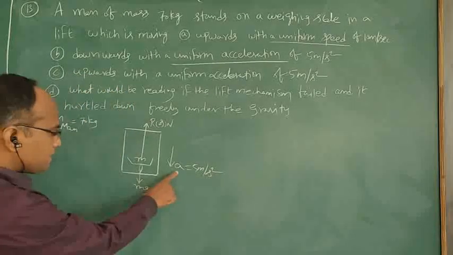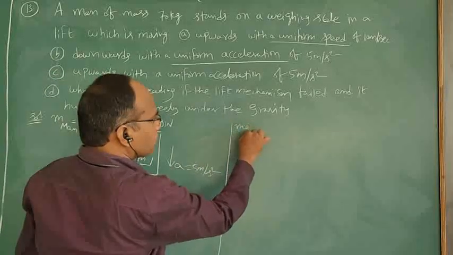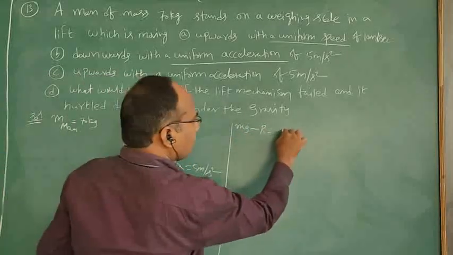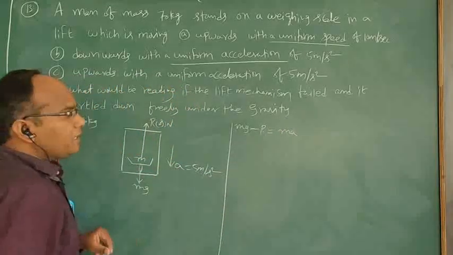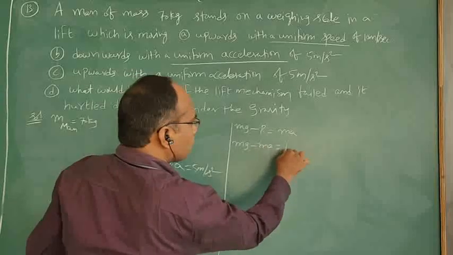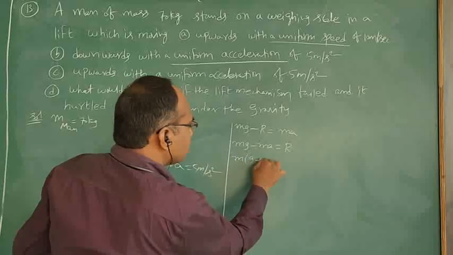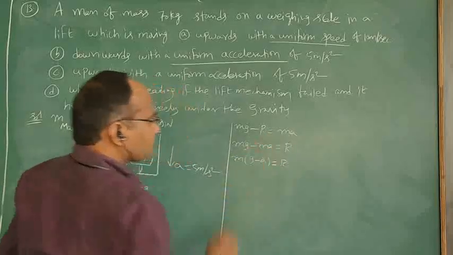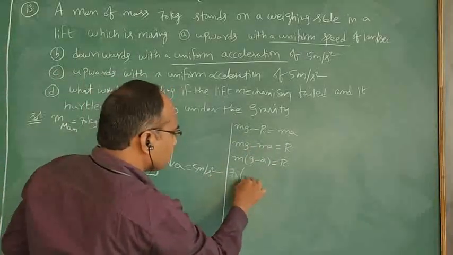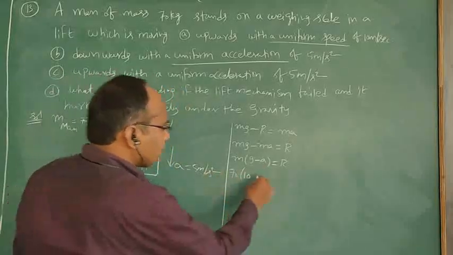Downwards, so downwards means what should I take? mg first. mg minus R is equal to m into a. So mg minus ma is equal to R. If I take m common, m into g minus a is equal to R. The mass of the man is 70, into g, acceleration due to gravity 10, minus a, which is 5.